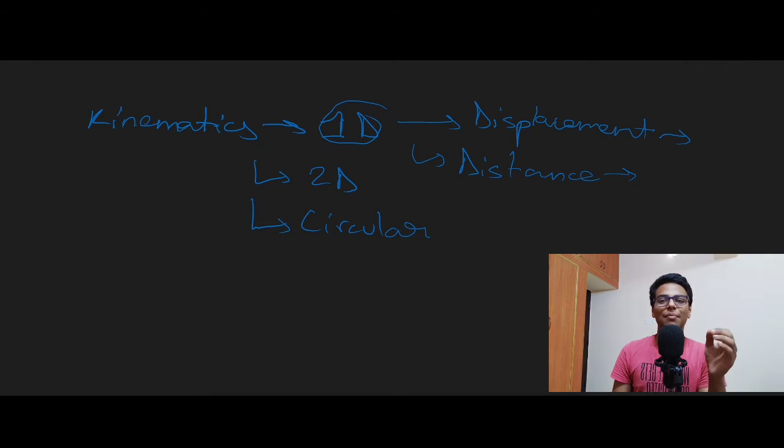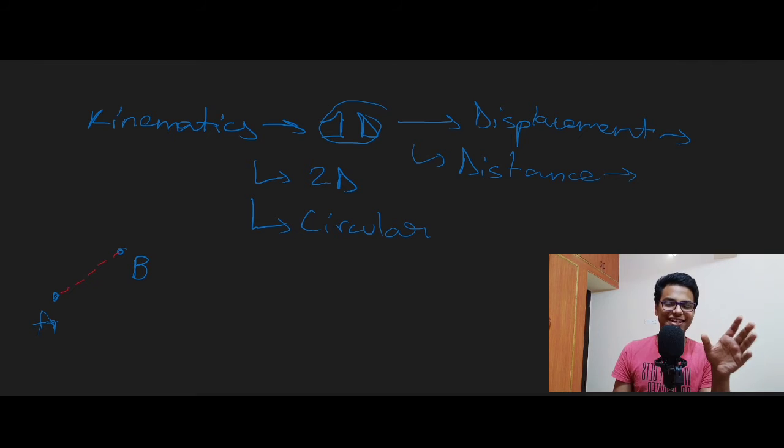Now let's go ahead and talk about displacement. Displacement is the shortest path between any 2 points A and B. So let's say that over here this is point A, and let's say over here that this is point B. Now the shortest path over here, which is this one, the straight line joining the 2 points.